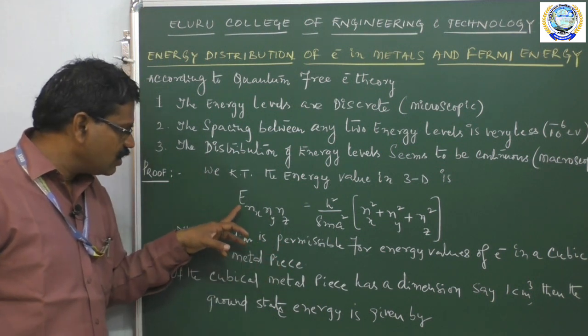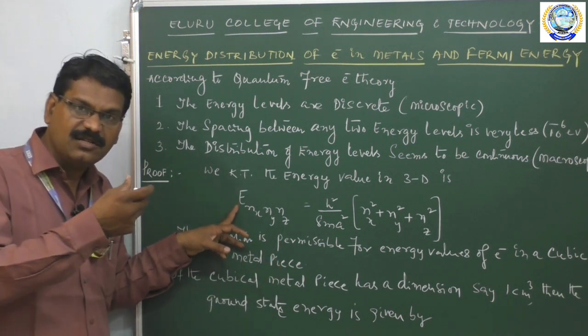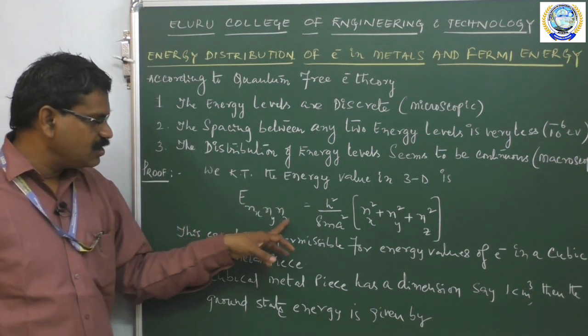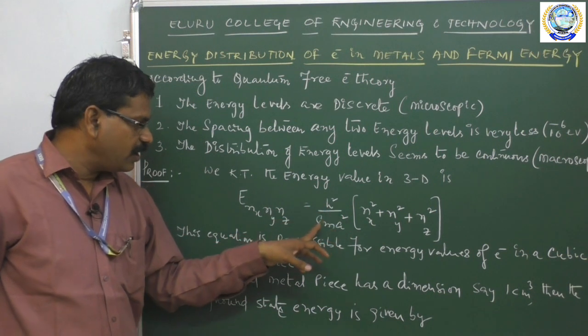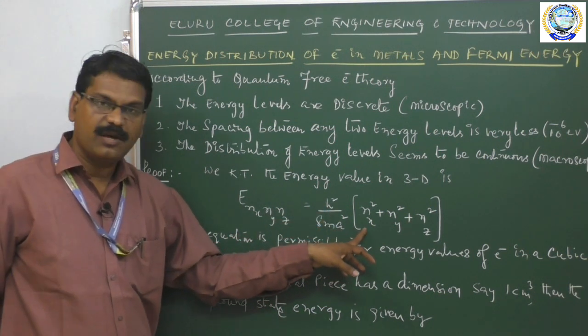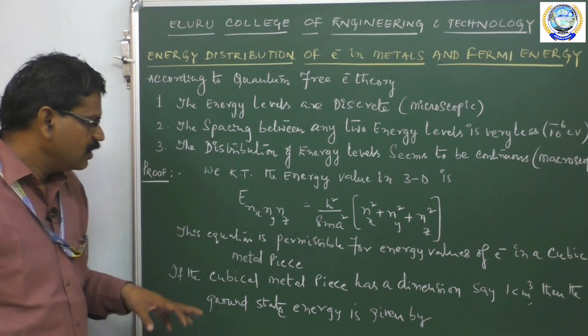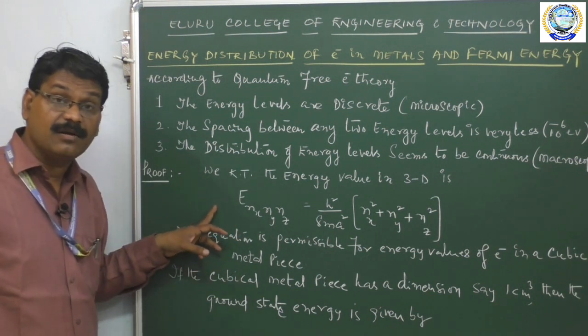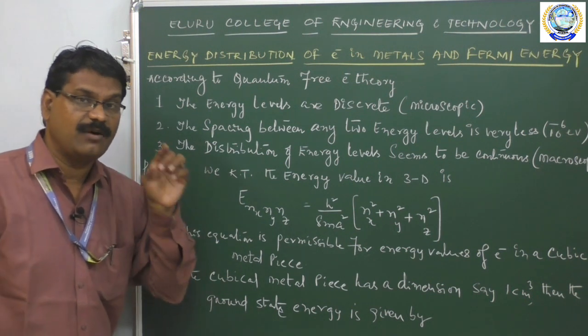The energy levels existing in three-dimensional states are represented by E(nx, ny, nz) equal to h square by 8ma square into (nx square plus ny square plus nz square). Strictly speaking, this equation is permissible for energy levels of electrons only in a cubic metal piece. That we have to remember.